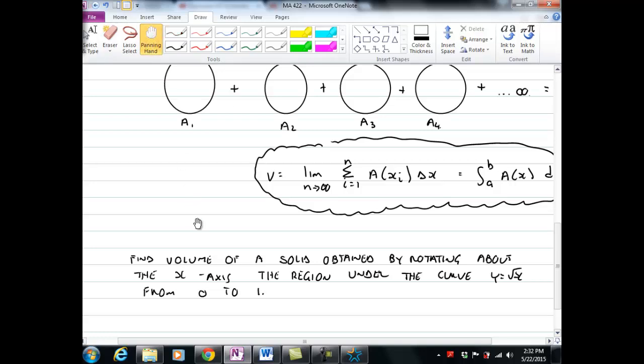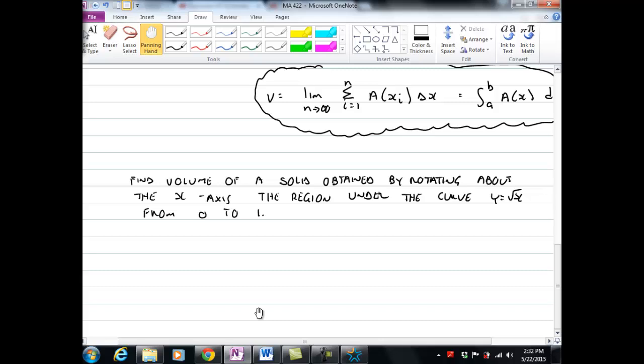I'm going to show you how to do this because this is your first time. It says find the volume of a solid obtained about the x-axis, the region under the curve y equals root x.